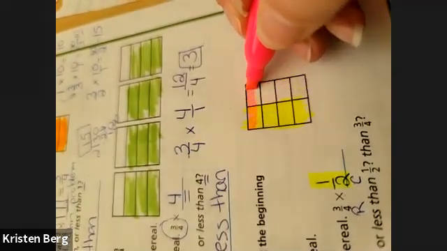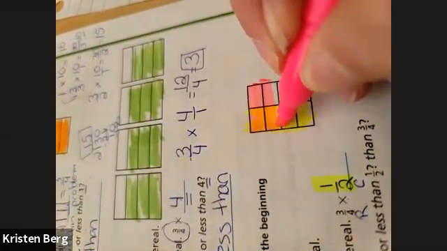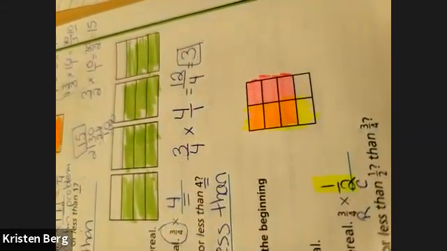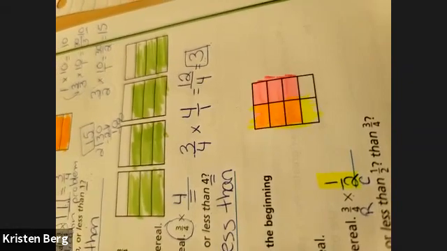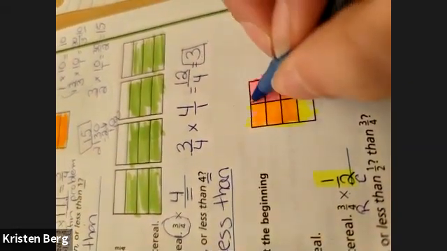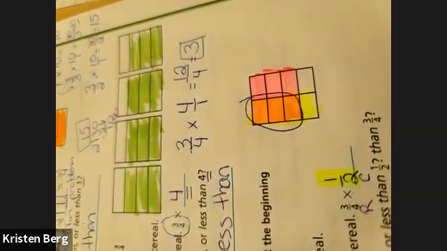So therefore, 1, 2, 3. Now, remember, the answer is going to be what is overlapping with both colors and making that orange.